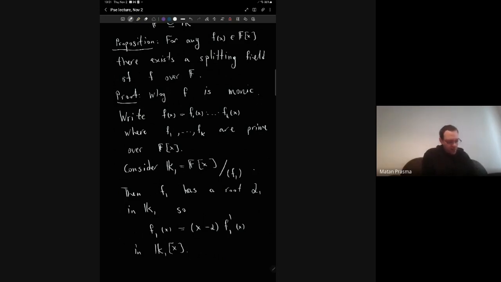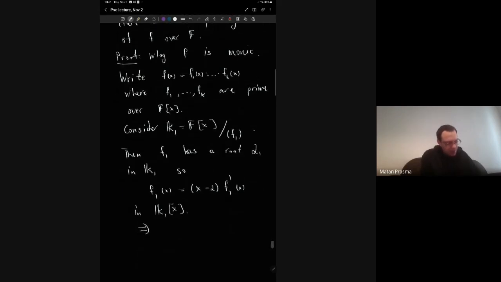And this means, by the discussion we had, that K1 is in fact the minimal field containing F and alpha 1. Right?